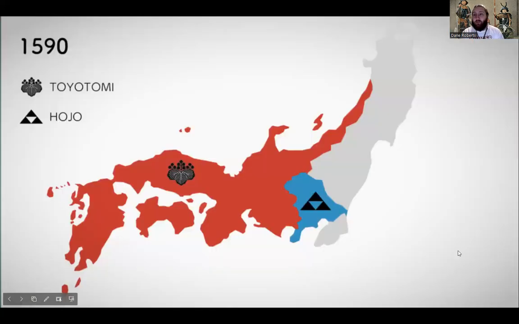And of course, as the trend has been throughout this entire video, eventually this brought him into conflict with a far more powerful daimyo, and that was the Toyotomi clan in 1590 CE, as well as the Hojo clan that was eventually conquered by the Toyotomi clan.